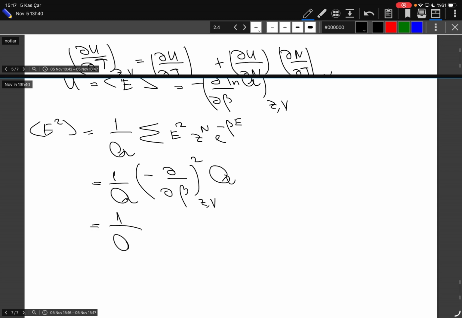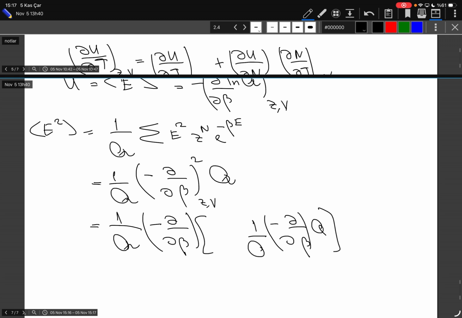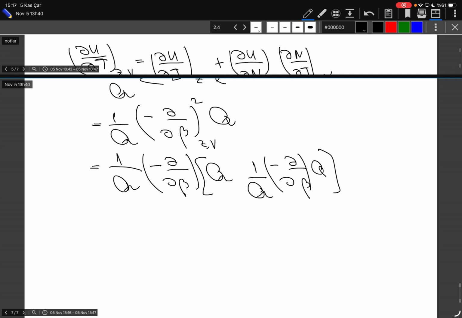Now let me write them. This is just the energy, and if you take the derivative, you will get U squared minus del U by del beta at constant Z and V.